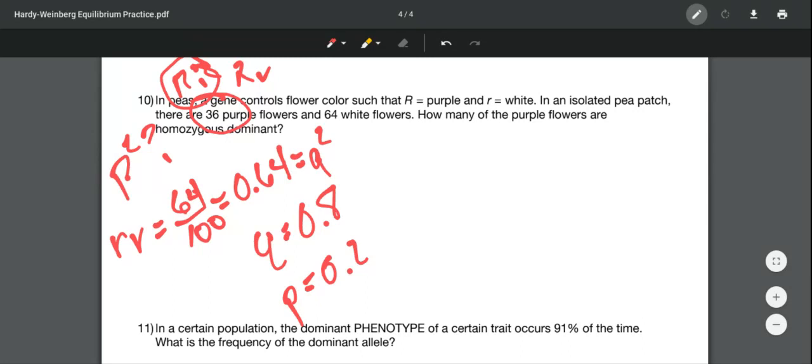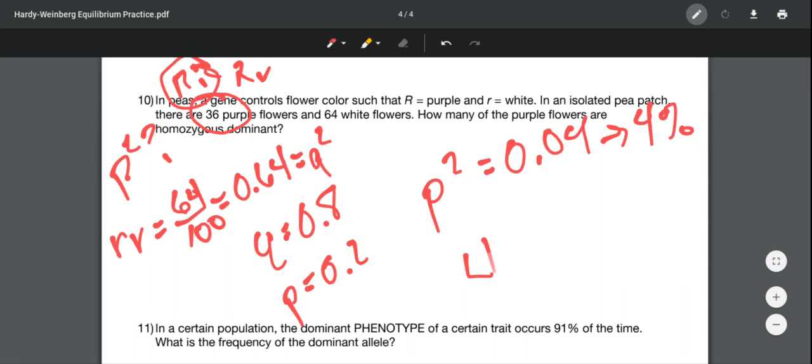So P squared is 0.2 squared, which is 0.04, or 4%. Well, 4% out of 100 means 4 of those flowers are going to be big R big R, homozygous dominant.